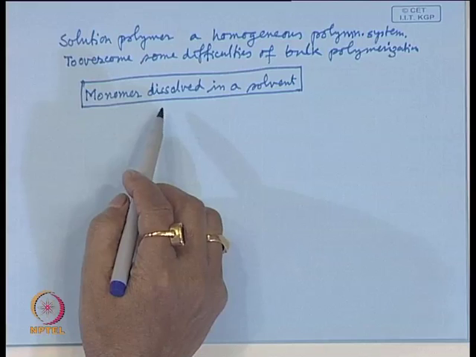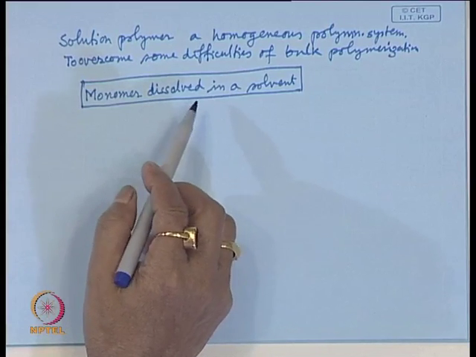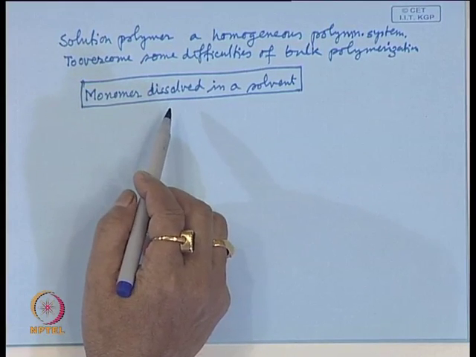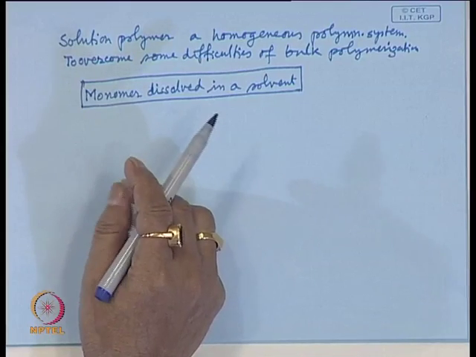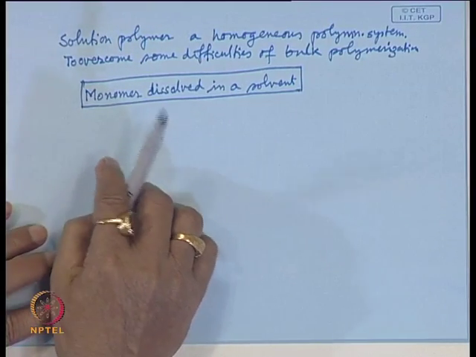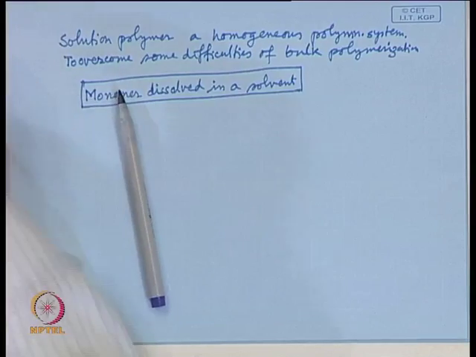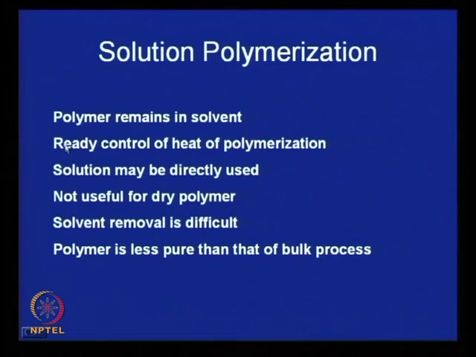So, in the majority of cases the solution polymerization is followed for addition chain polymers. And a characteristic of this solution polymerization is that after the polymer growth, that polymer remains dissolved in the same solvent.